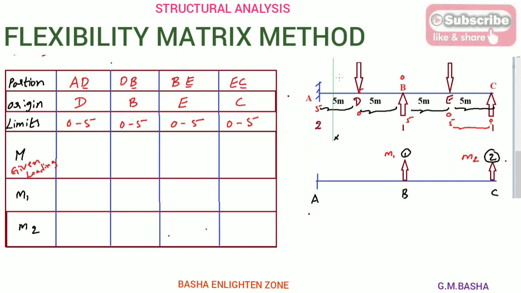This is the XX section at a distance of X from this D. Because my origin point is 0, therefore I am considering a section XX at a distance of X from D.